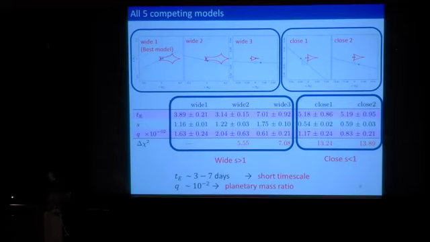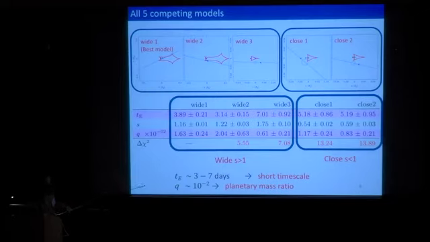Here is a summary of all competing models. We find 5 competing models in total. The caustics are divided into 2 types, wide models and close models, by their separation. The event time scale of all models is about 3 to 7 days, so they have a short time scale.